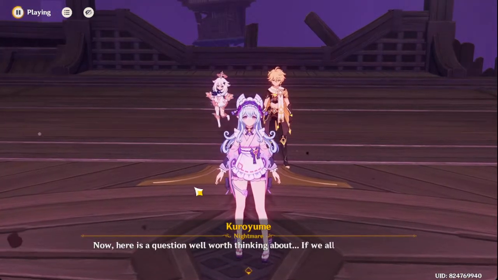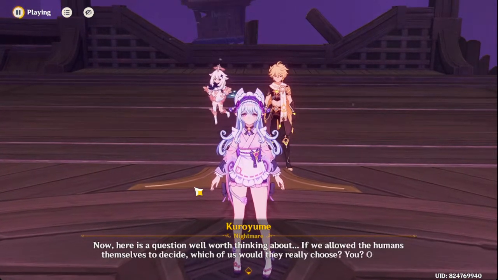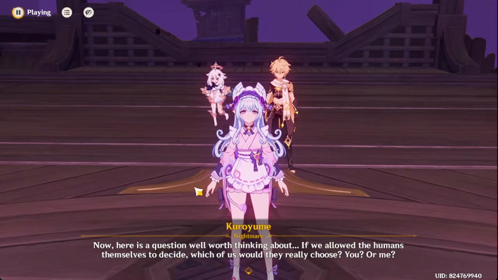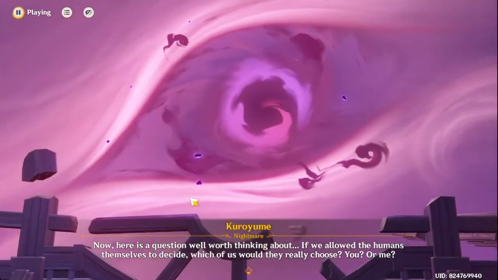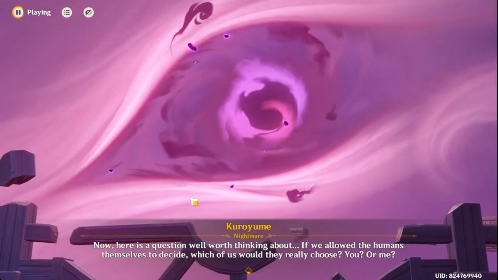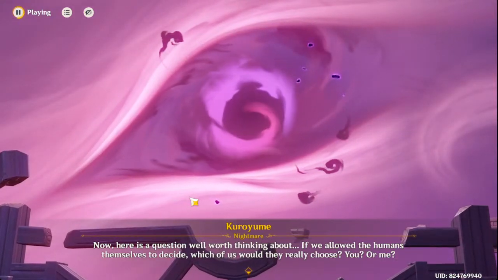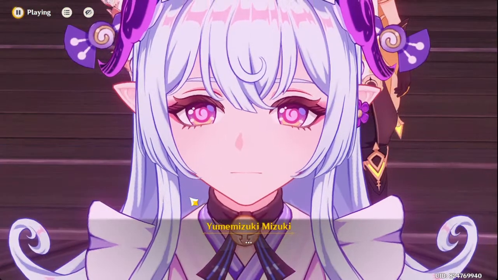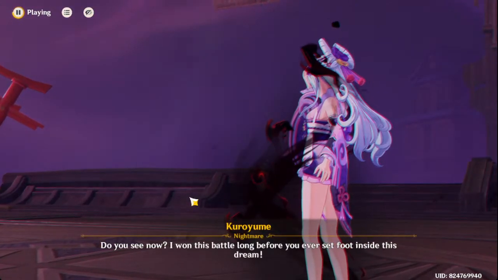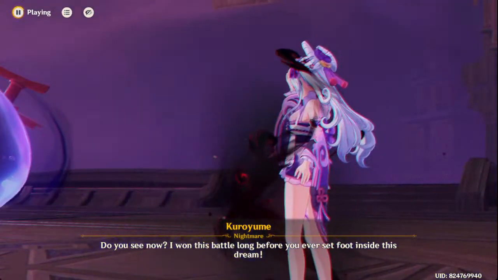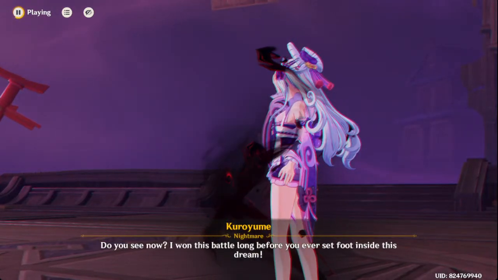Now here's a question well worth thinking about. If we allowed the humans themselves to decide, which of us would they really choose? You or me? Do you see now? I won this battle long before you ever set foot inside this tree.